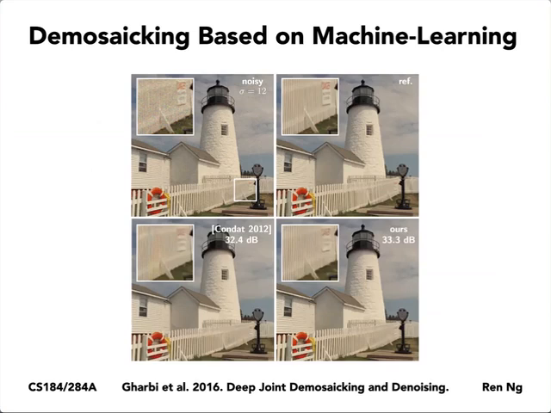So you could imagine trying to train some kind of system using a flexible machine learning CNN architecture with lots of input data of what the sensor data looks like and what the correct answer looks like, captured with maybe a higher quality camera or through some kind of simulation process. People have done that and shown that it's possible to squeeze out better results and avoid certain kinds of artifacts, particularly aliasing artifacts that occur without this.